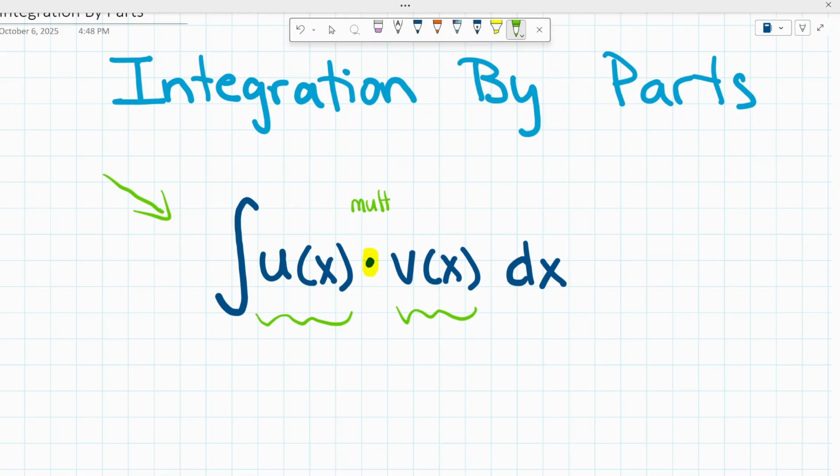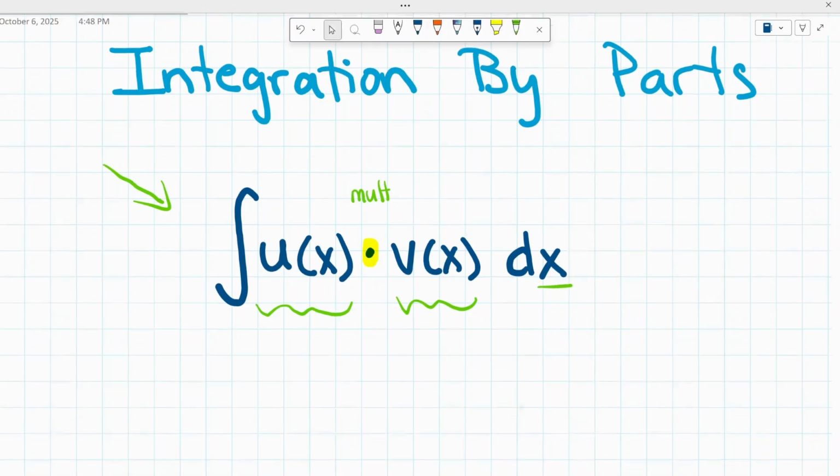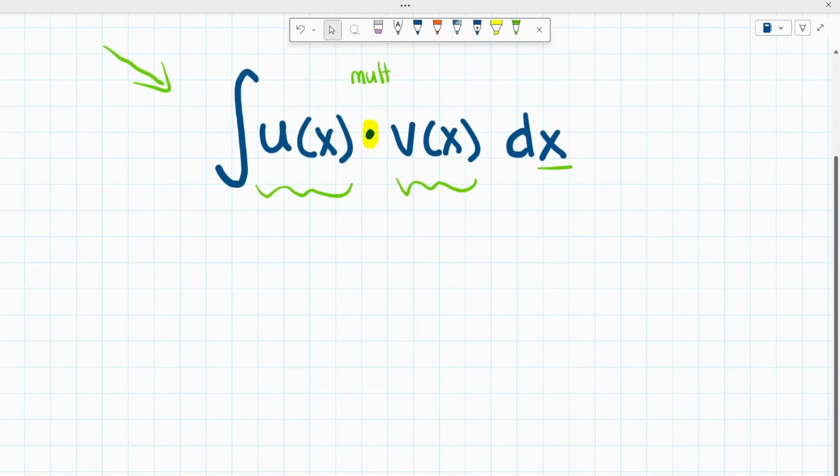So oftentimes you'll see this terminology of this integral of function u of x multiplied by v of x dx, meaning that x is the variable that we're integrating with respect to. So we're going to start off with a little bit of terminology and just labeling the parts of our integral here so that we can move into a really easy framework that I'm going to show you today.